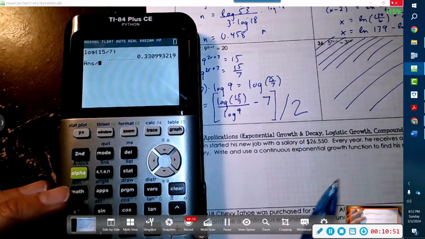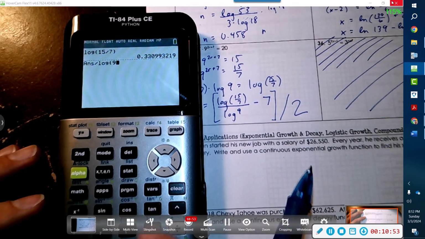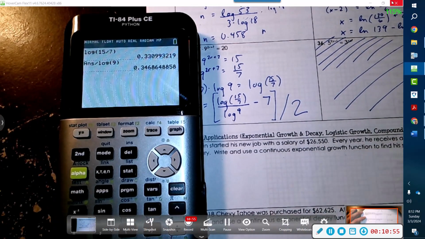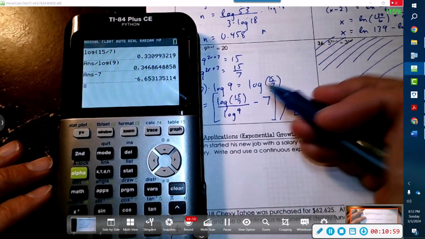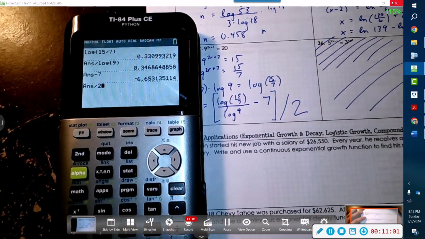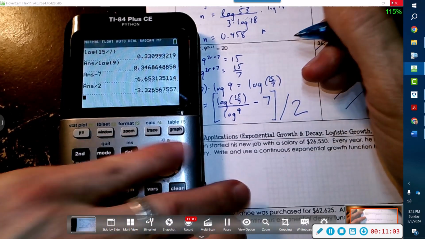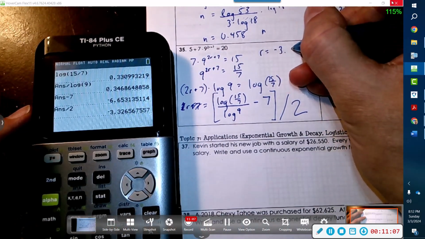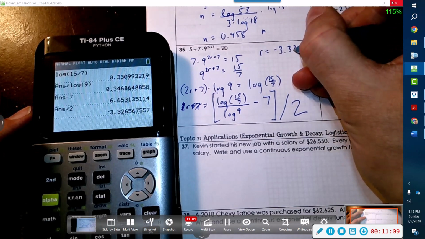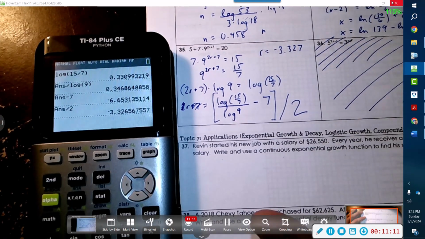Then we're going to divide by the log of 9, subtract 7, and then divide by 2. So we have an r that equals negative 3.327.